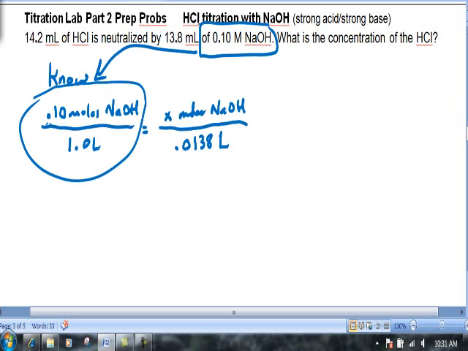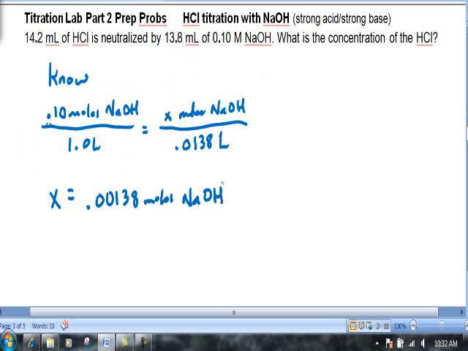Now, the volume of NaOH that we used will let us figure out how many moles of NaOH we used, because if we know we have 0.10 moles of NaOH in 1 liter, we're going to have X moles of NaOH present in the volume of NaOH we used, which is 0.0138 liters. Solving for X, we find that we have 0.00138 moles of NaOH in our sample that was utilized to neutralize the unknown hydrochloric acid solution.